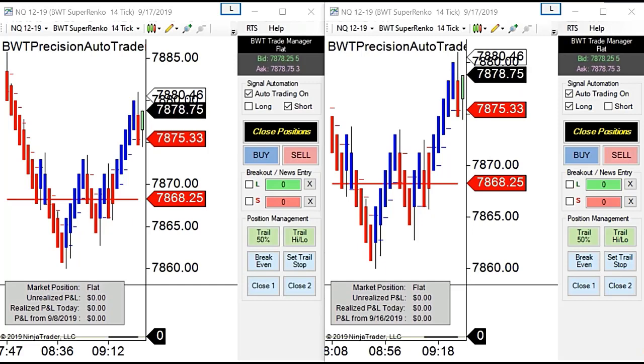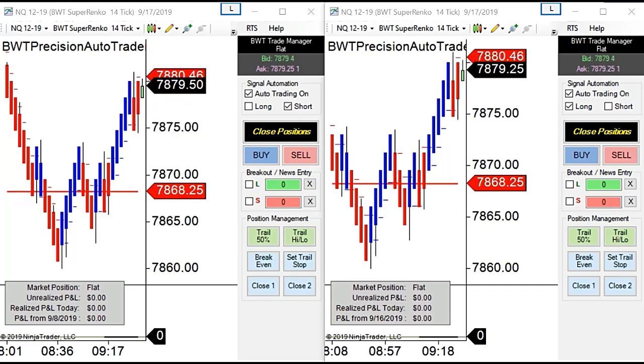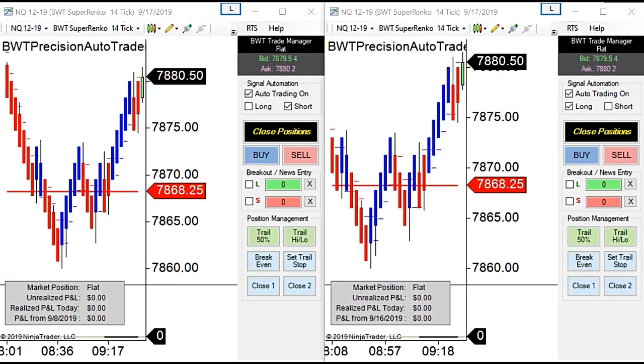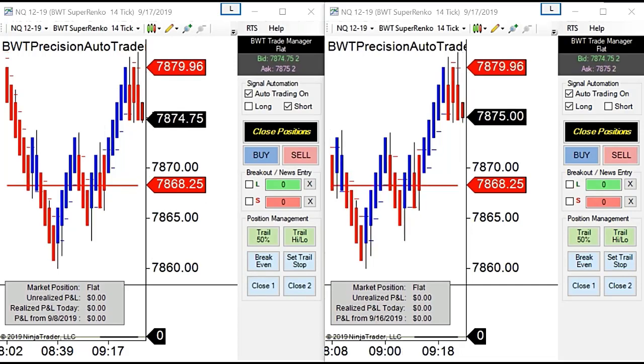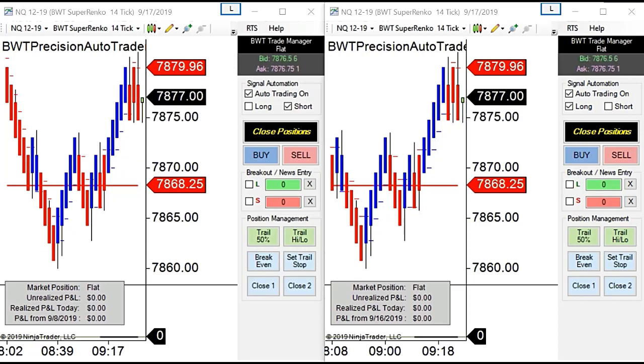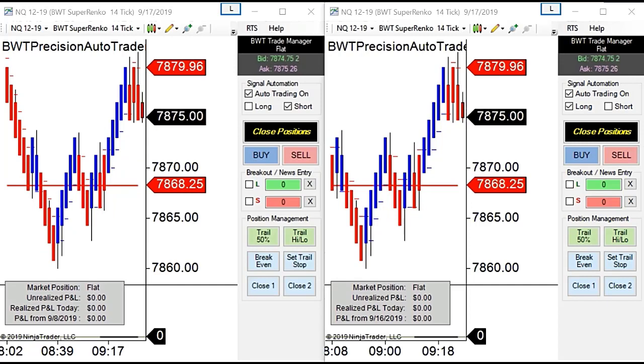So we'll see what's going to happen here. The price goes lower, so we're not going to start with a long trade unless price bounces back up. I am personally slightly favoring the short side.